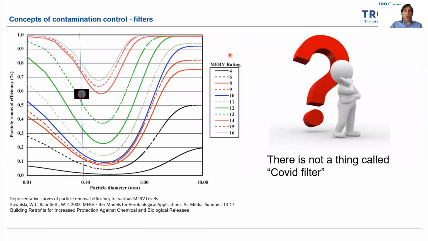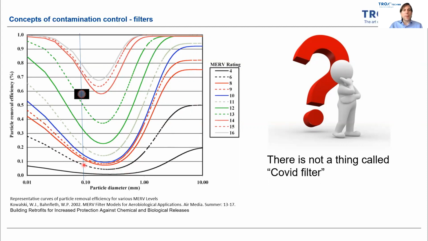If you look at the MERV filter, unfortunately I saw on the internet some companies selling what they call COVID-19 filters, and one of these companies was selling a MERV 6 filter as a COVID-19 capture filter.